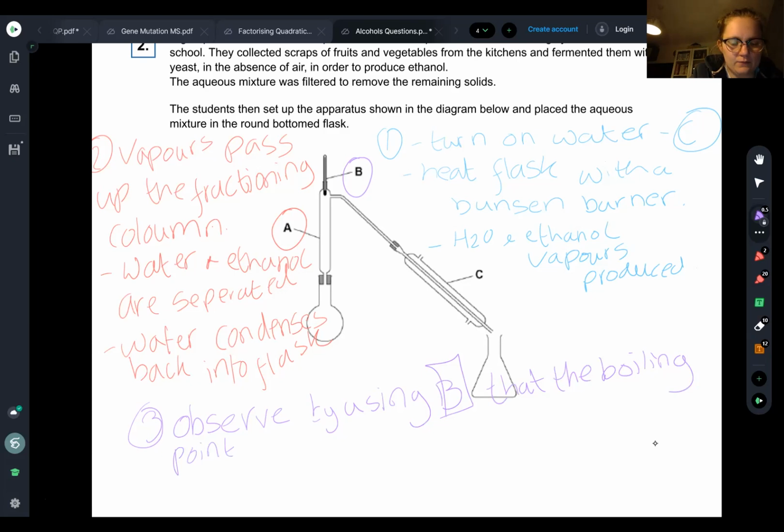Make sure that the temperature remains at the boiling point of ethanol. Therefore, only ethanol vapor passes into the condenser.